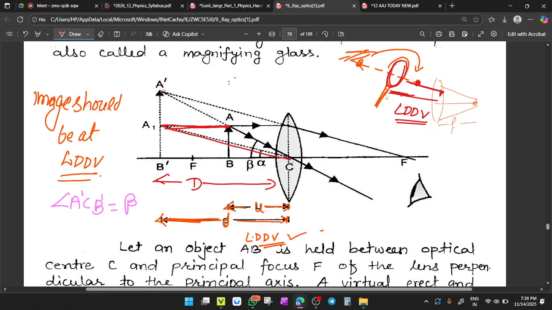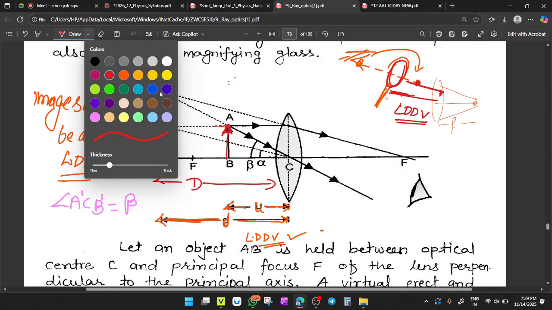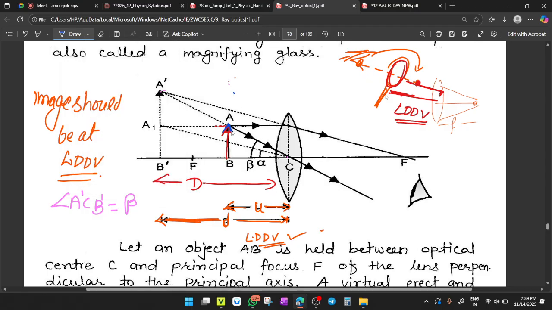Now check the angle made by this object. Listen to all the things very carefully. Previously your object was AB, here. Now you shifted your object from here to here, so it becomes A1B'. Clear or not clear?